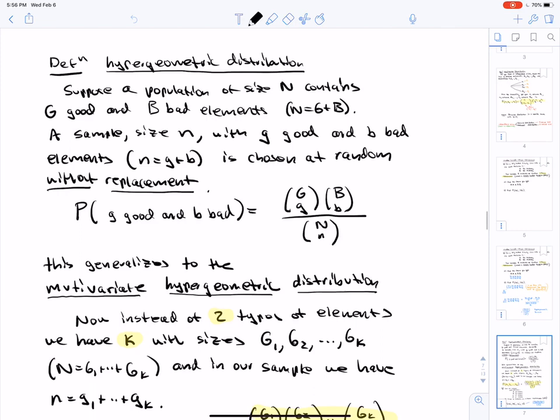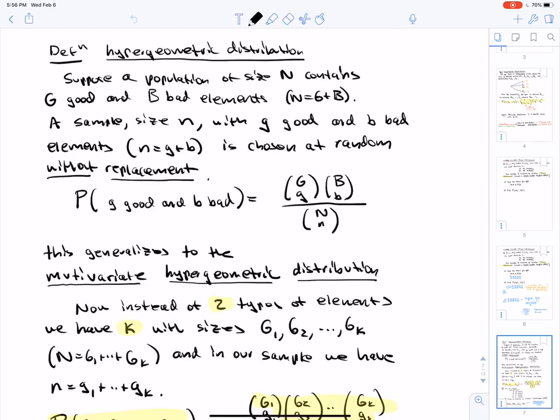So the hypergeometric formula, general definition: suppose a population of size N contains G good and B bad elements, where N is G plus B. A sample of size n with g good and b bad elements, where n is g plus b, is chosen at random without replacement. The probability that you have g good and b bad is this hypergeometric formula shown here.